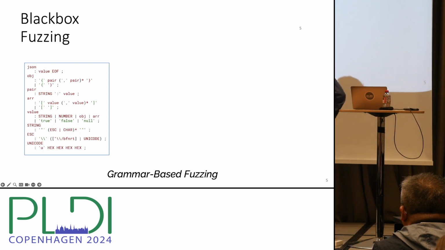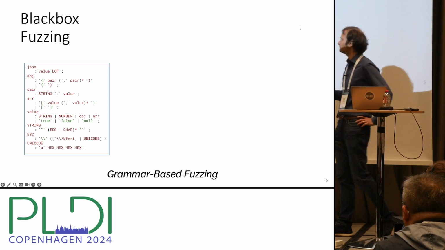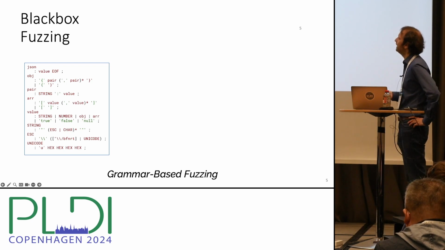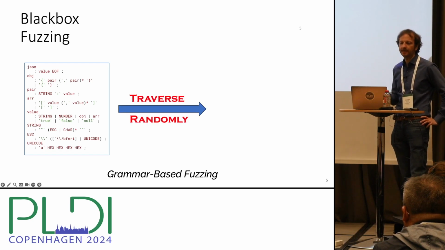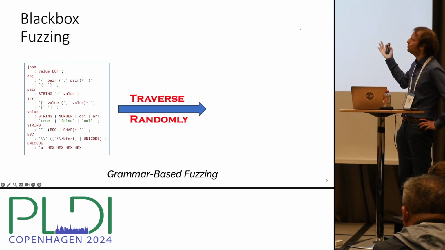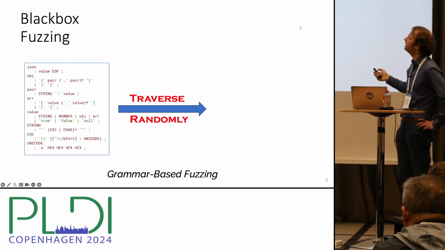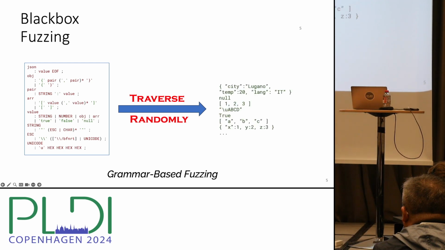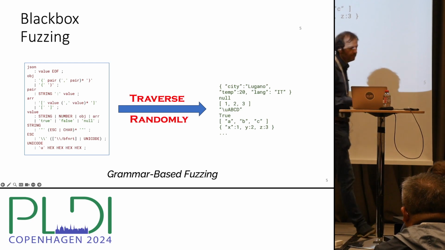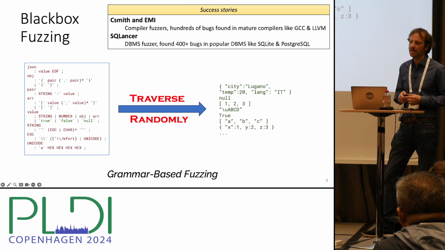The idea here is that you have a grammar like this one, a simplified JSON grammar, and you walk it randomly, expanding all the non-terminals until you manage to generate an input like this one. And of course, you can generate many inputs to test your program with.